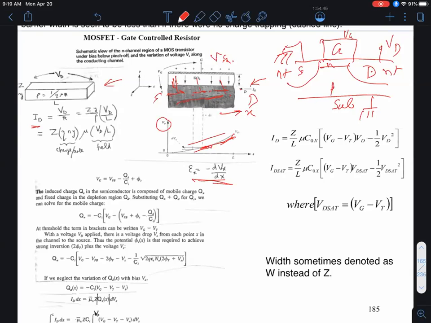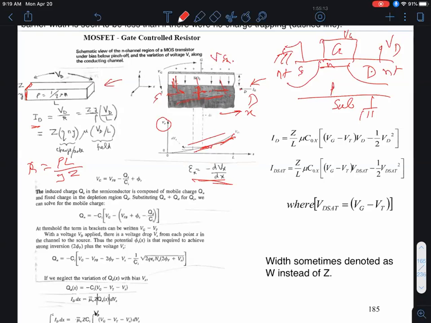Now, resistance R, you remember, is given by rho, the resistivity, times the length of the resistor L, divided by the cross-sectional area. In this case, the cross-sectional area is Z in this direction. So Z is the direction perpendicular to the plane of the board, okay? Times Y, Y is the thickness of the resistor. So that will be the thickness of this inversion region over here, okay? So that's given by Z times Y, okay?